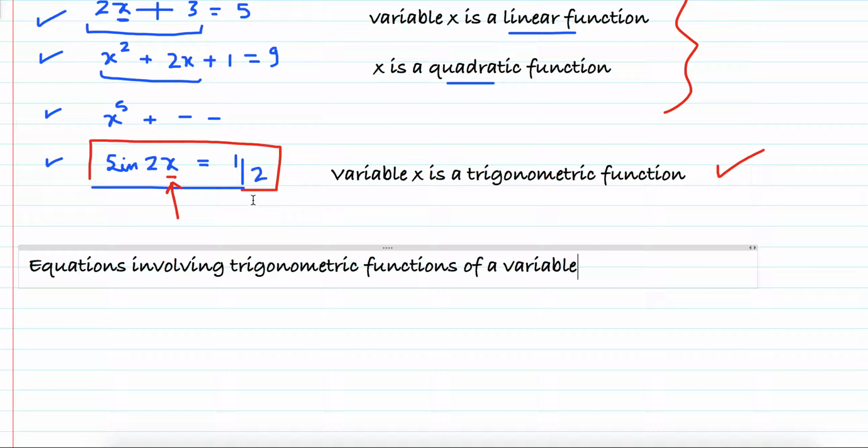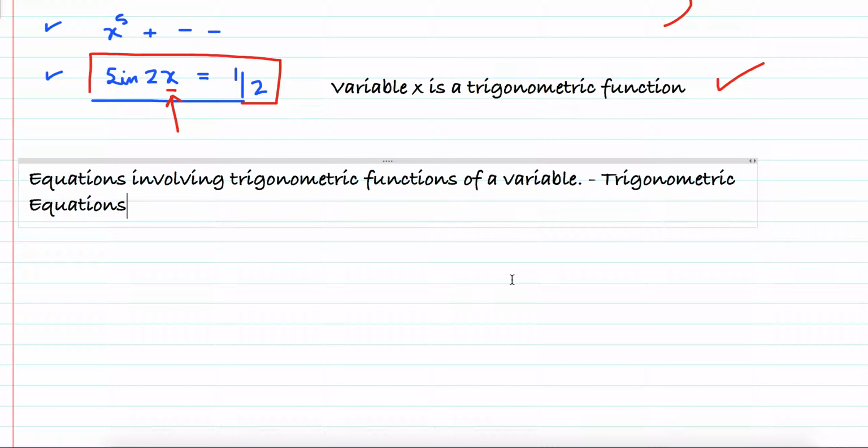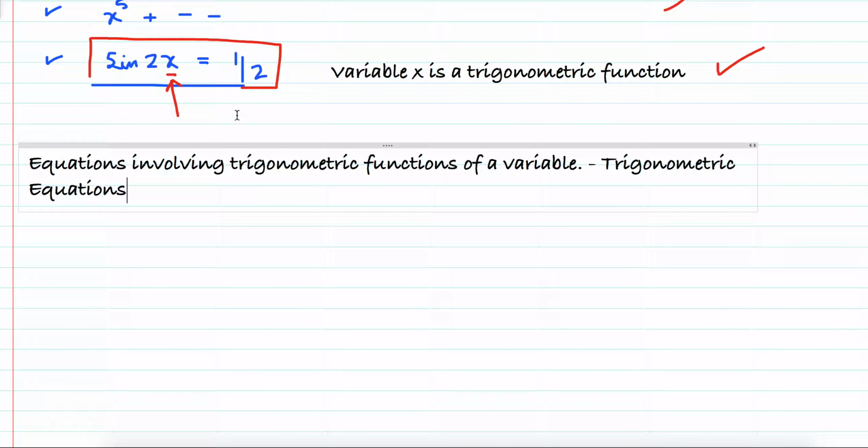So this equation involves trigonometric functions of a variable, and these are called trigonometric equations. Every equation has a solution. Some equations may not have a solution, but we will study the cases where the equation is solvable.